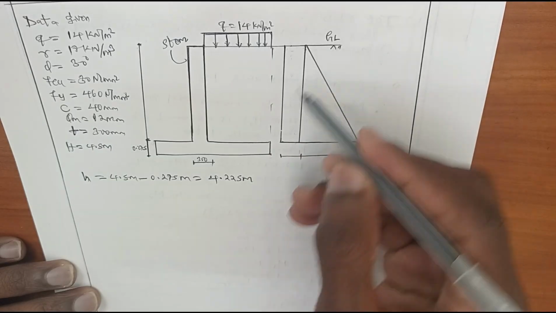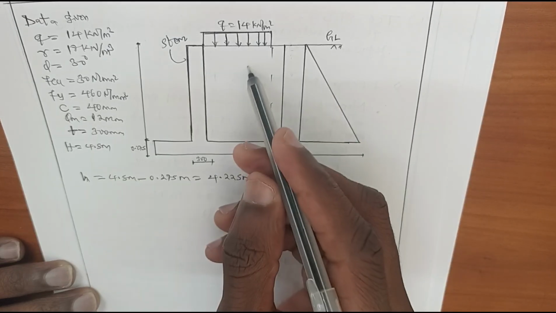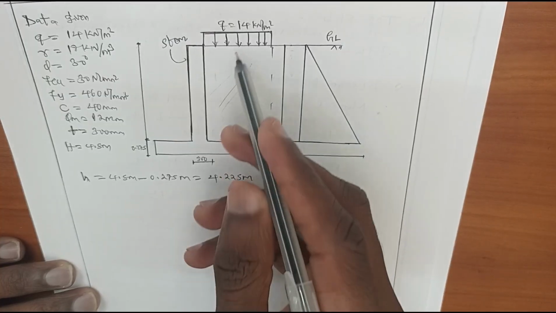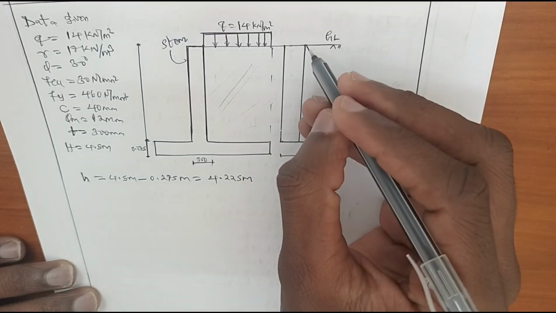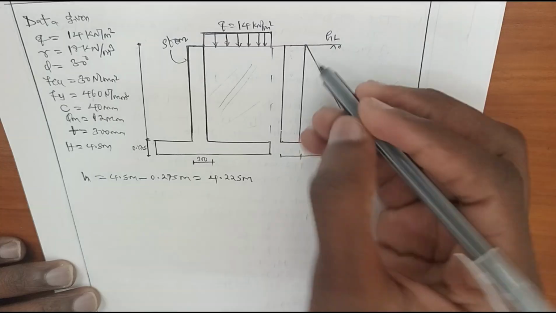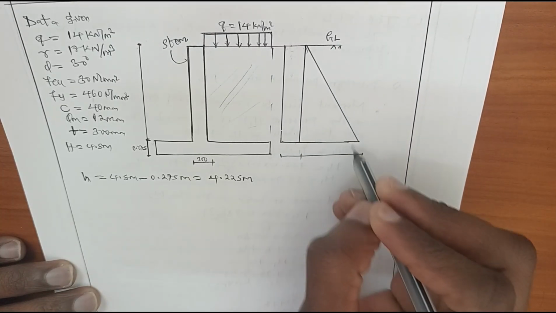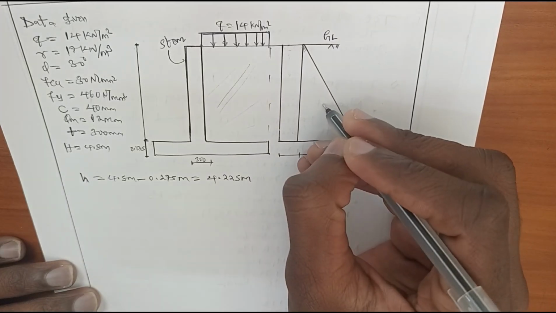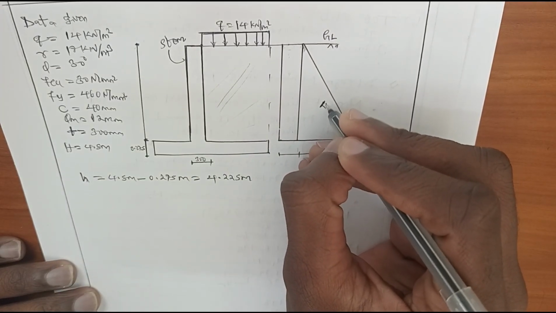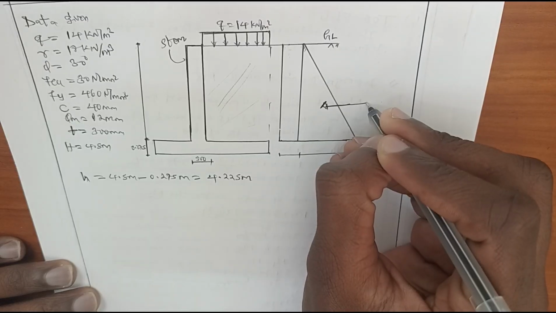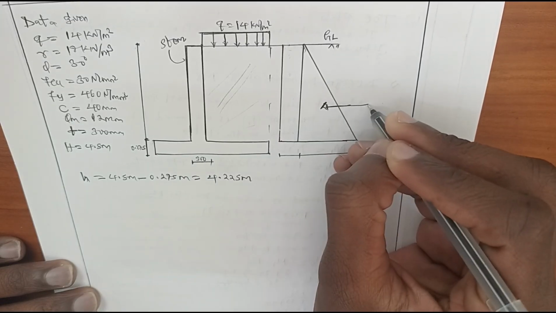Also, the pressure diagram due to the soil pressure usually varies linearly, and this one is triangular in shape. So here there is a horizontal force acting horizontally.